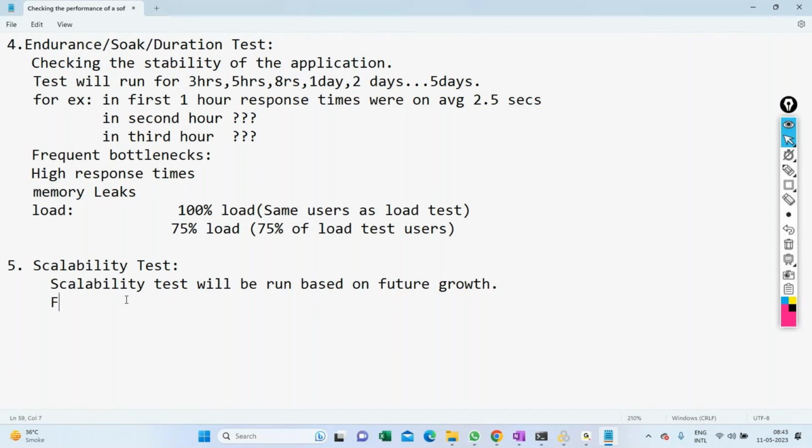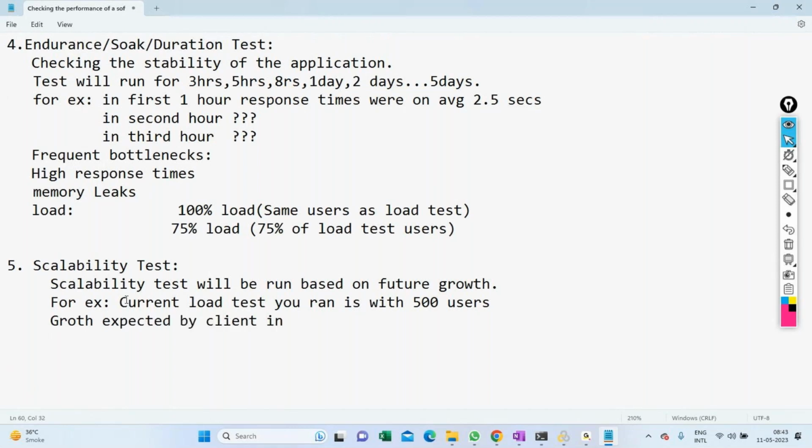So for example, the current load test you run is with 500 users. The growth expected by the client in the next 6 months is 50%, let's say.